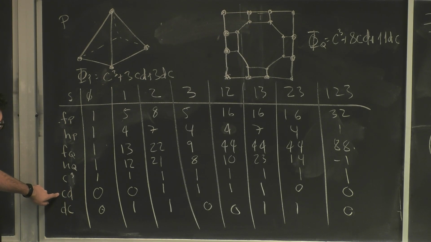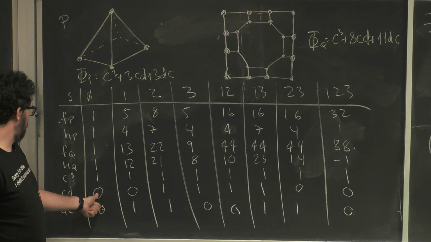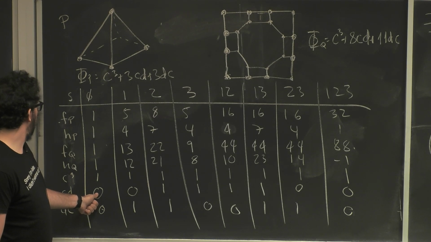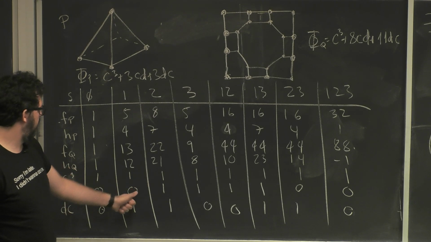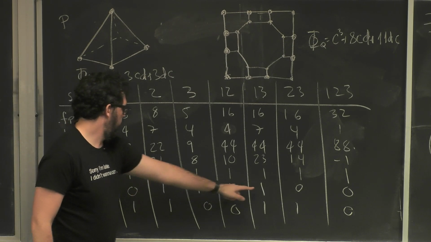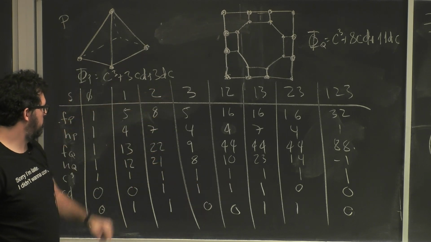And then CD: in CD, the monomials, for example, A cubed and AB squared will not show up. But the other ones show up, so you expand it, you get 4 monomials corresponding to different sets.